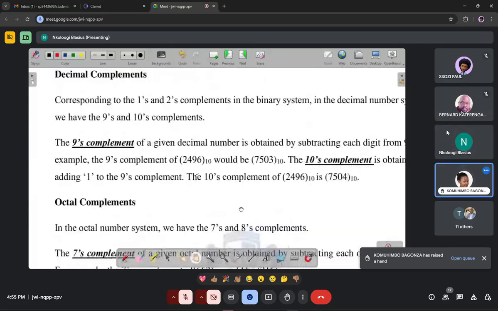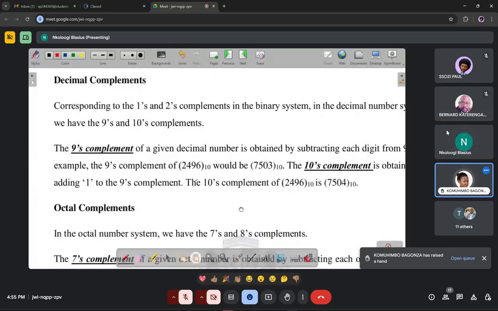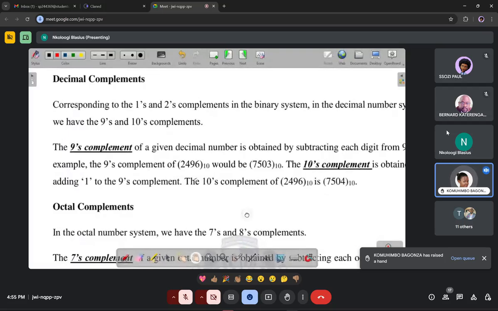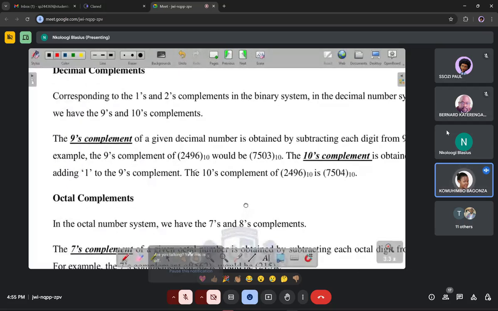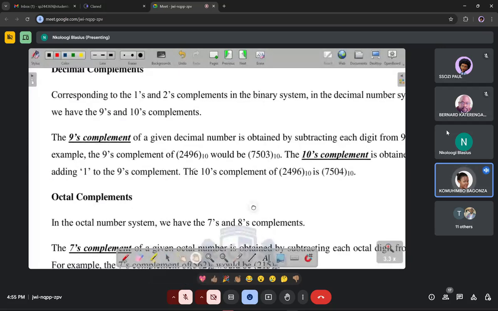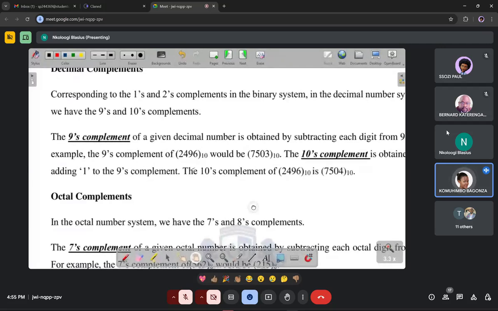Komhimba Bagonza: Yes, please. There's something I've observed when you talk about, let's say, the nines complement or the eights complement. It seems like the answer you get shouldn't have figures greater than the figure of the complement. Like, for example, the numbers we've seen, if we are looking for the eights complement, we cannot get a value with figures that are greater than 8.